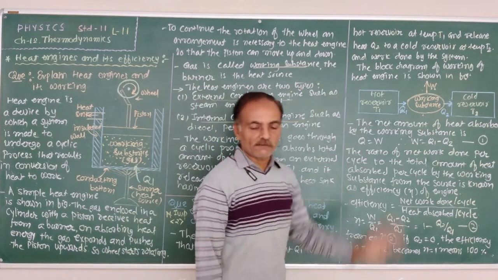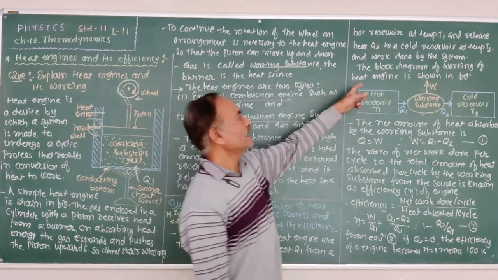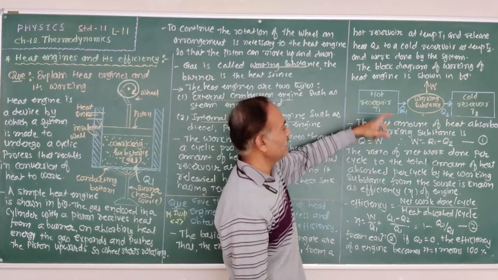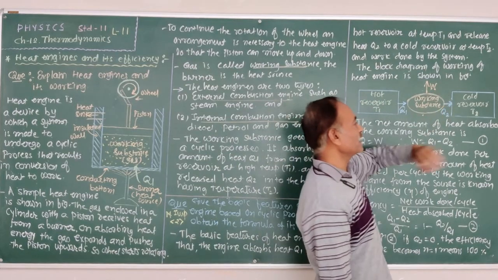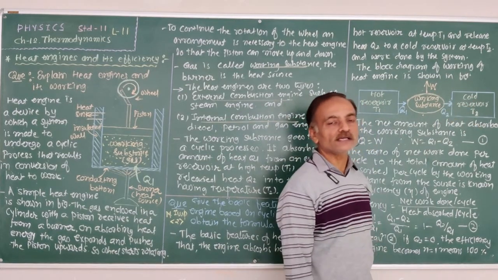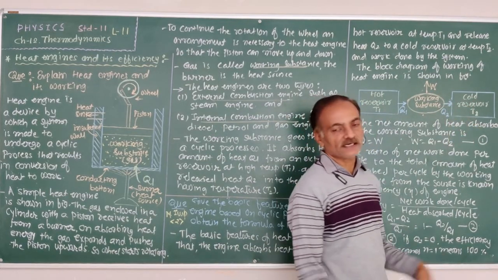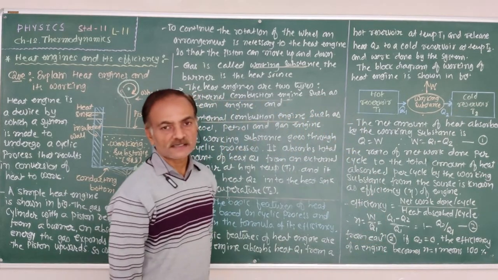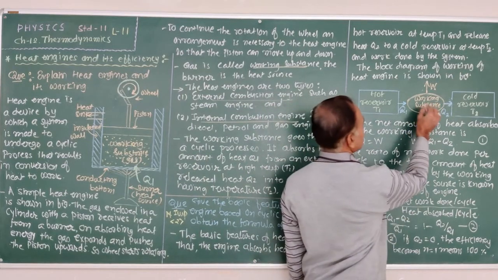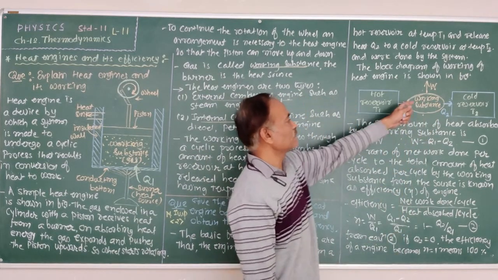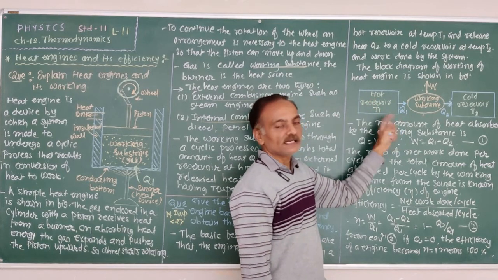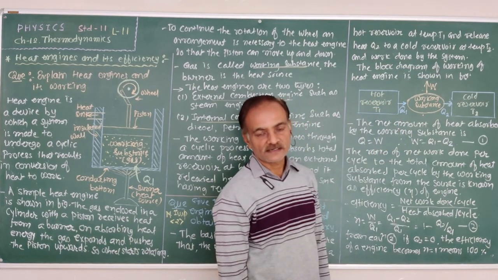Now, the block diagram of the working of a heat engine is shown in the figure. There is the hot reservoir at temperature T1, there is the working substance, and there is the cold reservoir at low temperature T2. So how is the heat engine working? The gas, taken as the working substance, absorbs the Q1 amount of heat from the hot reservoir at high temperature T1.